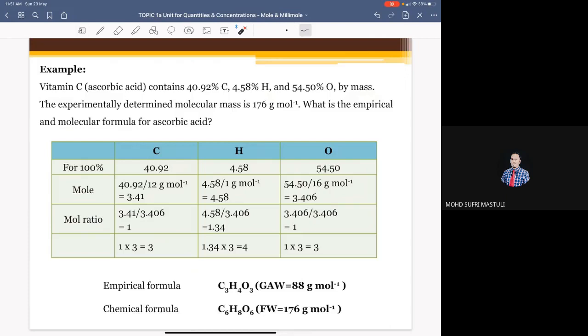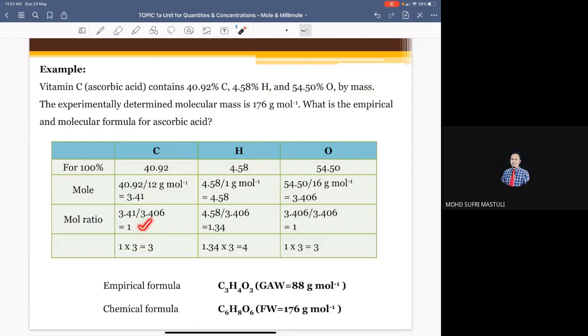As you can see, the smallest number between carbon, hydrogen, and oxygen is 3.406. So each mole has to be divided by 3.406.